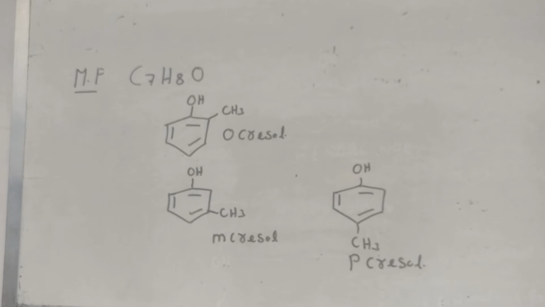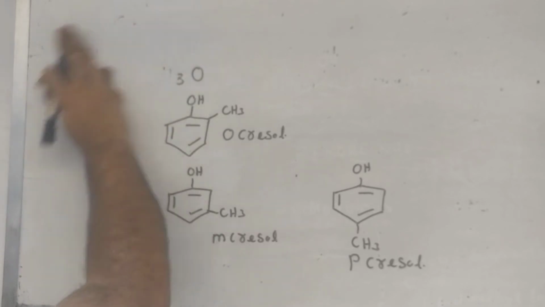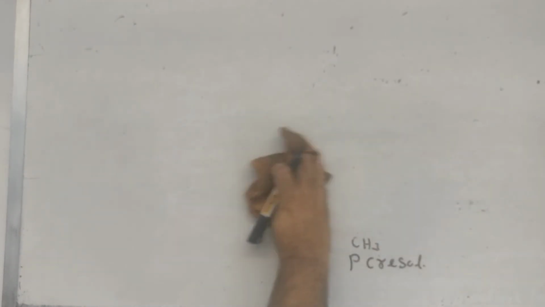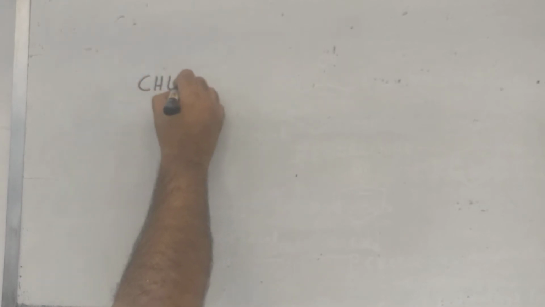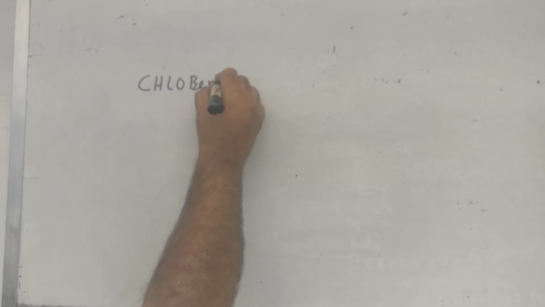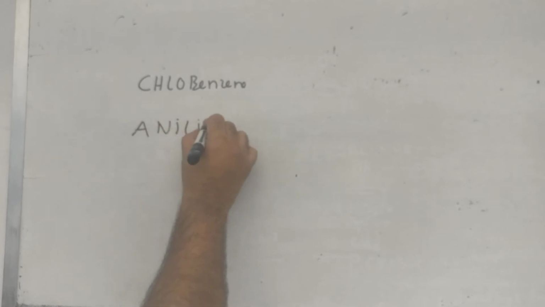Now today we will also see the preparation of phenol. We can make phenol from the following three compounds. We'll be making phenol from the compound called chlorobenzene. We'll convert chlorobenzene to phenol. We will convert aniline into phenol.